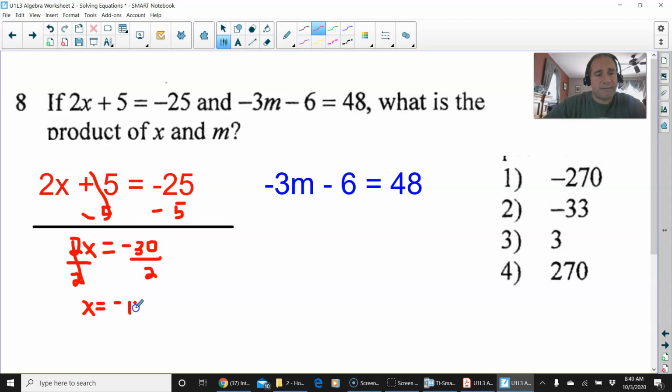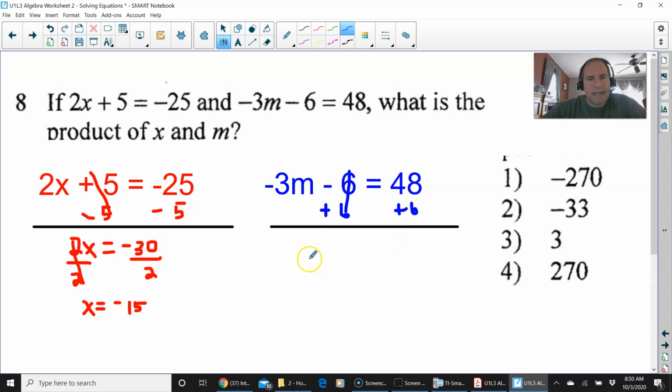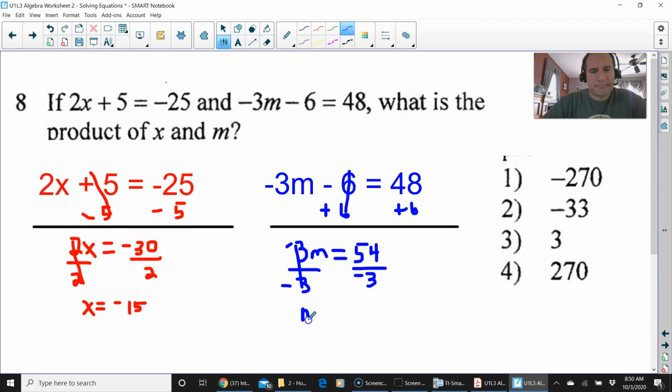So we have the x part, but now we need the m. So we add 6 to both sides, and we cancel the 6's out, and we have 48 plus 6, which is 54, and we divide by the negative 3 on both sides, and m equals negative 18.